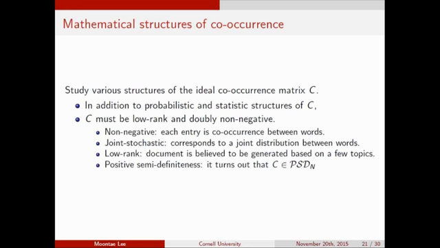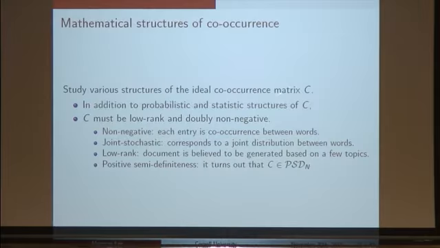What we've done in the new paper coming for NIPS is study extensively the mathematical structure of the co-occurrence matrix C. I skipped it entirely, but it has a lot of probabilistic and statistical structure you can see in the paper. What I'd like to articulate in this presentation is the geometric structure of C. C must be low rank and at the same time doubly non-negative.